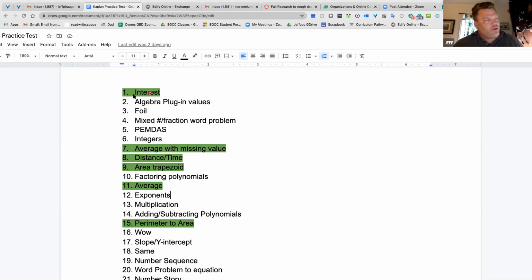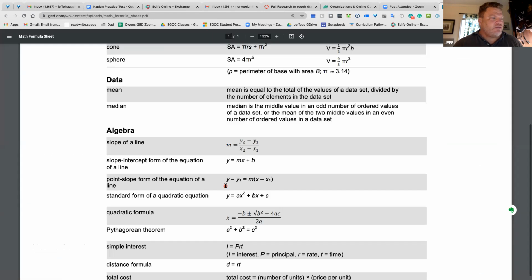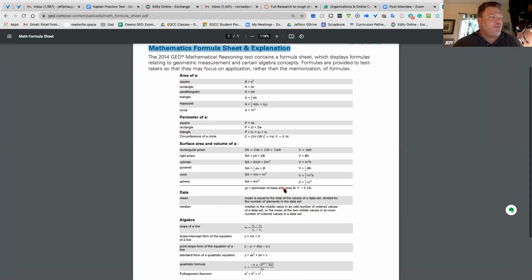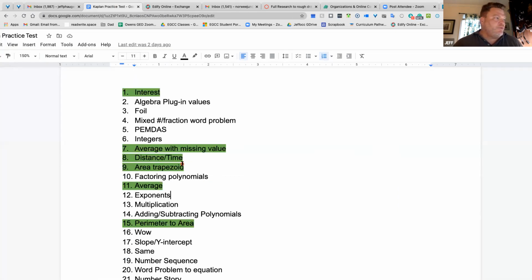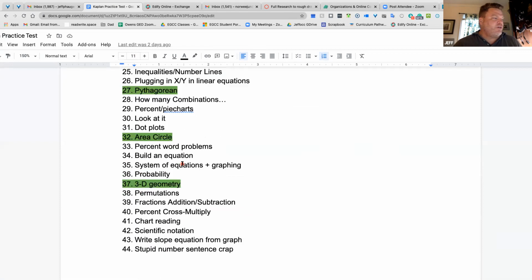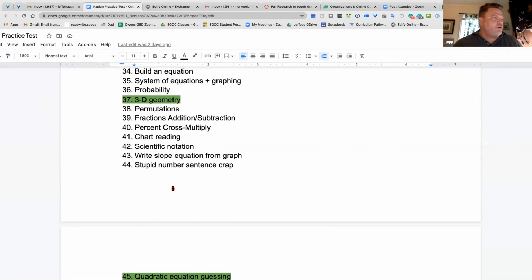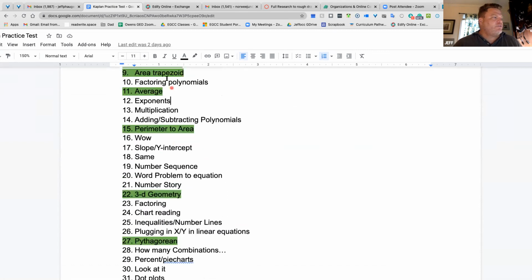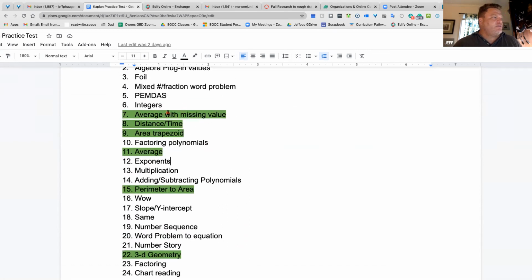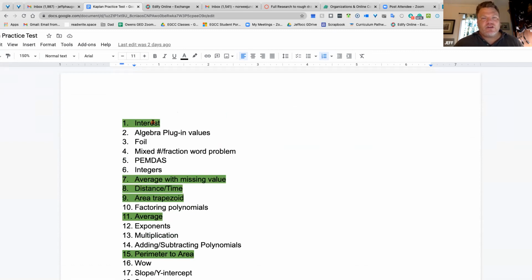If it's got green behind it, that means there is information on the formula sheet they give us to take the test that can help you a lot. So we want to look at that real quick just to get a good visual. 46 questions, and 11 of them. 11 questions out of 46.